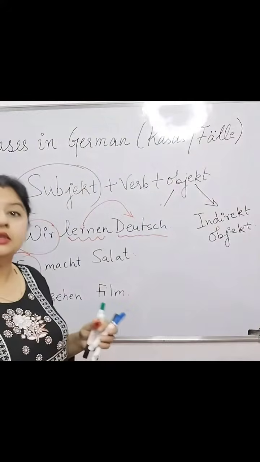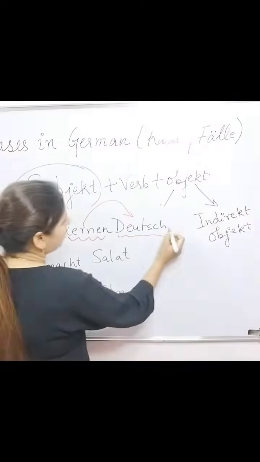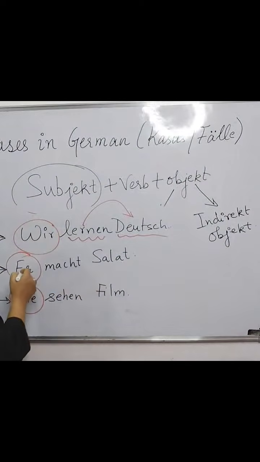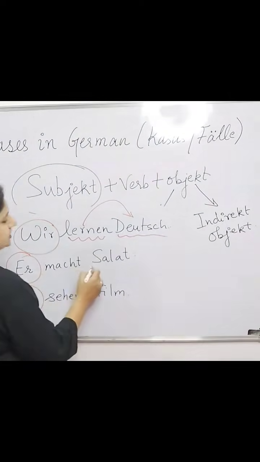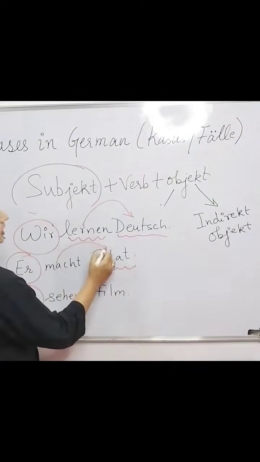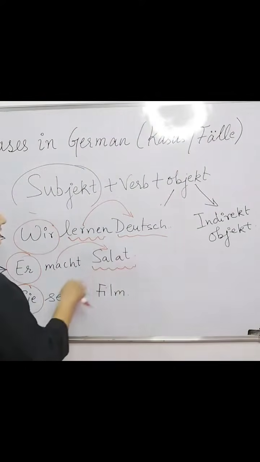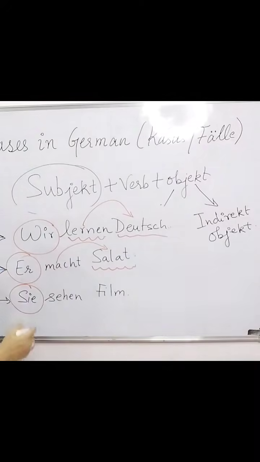We are learning German. So German, or Deutsch, is accusative. Er macht Salat. So what is he making? He is making salad. So in this case, Salat, salad, is accusative.